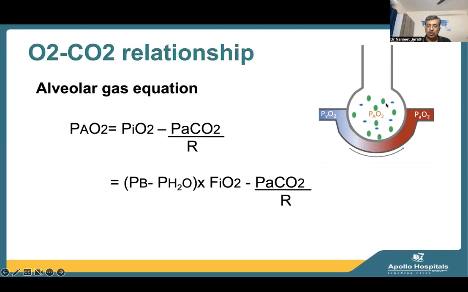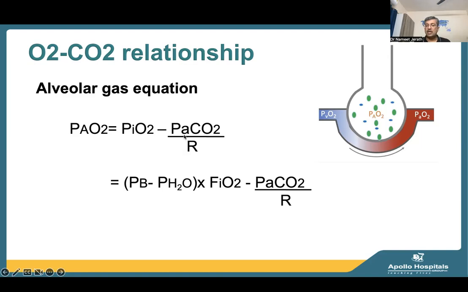This alveolar oxygen is represented by the alveolar gas equation, which is the partial pressure of inspired oxygen minus that of the alveolar carbon dioxide divided by the respiratory quotient.